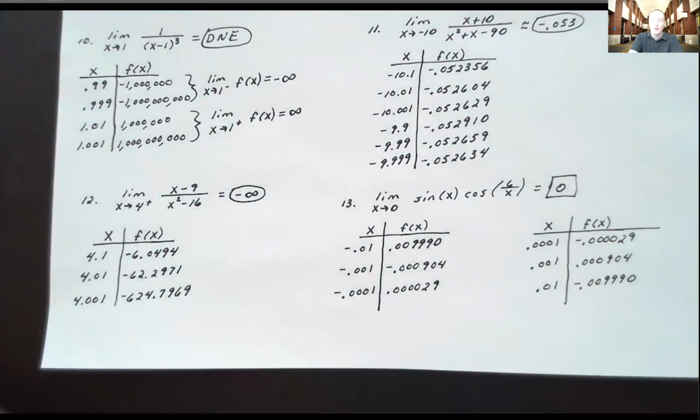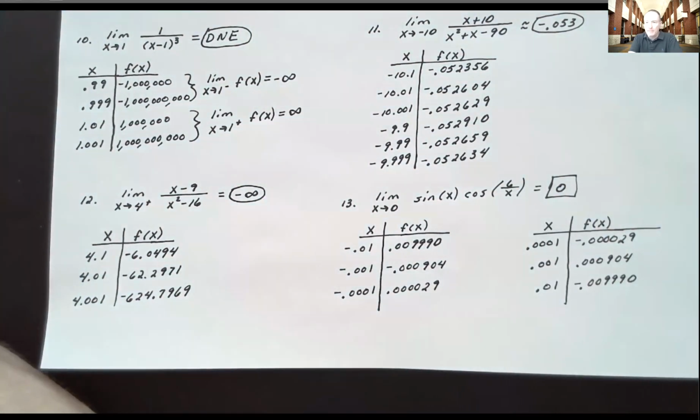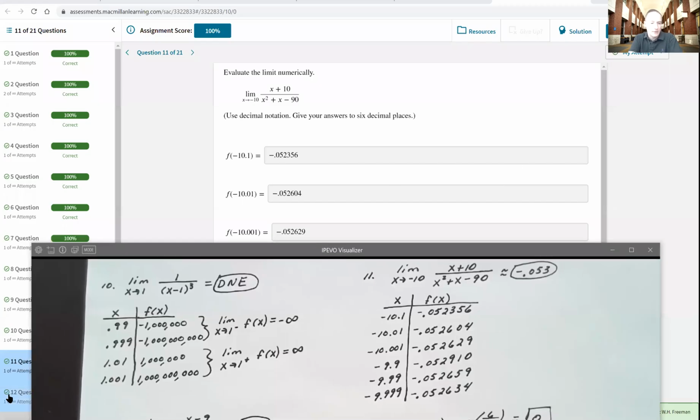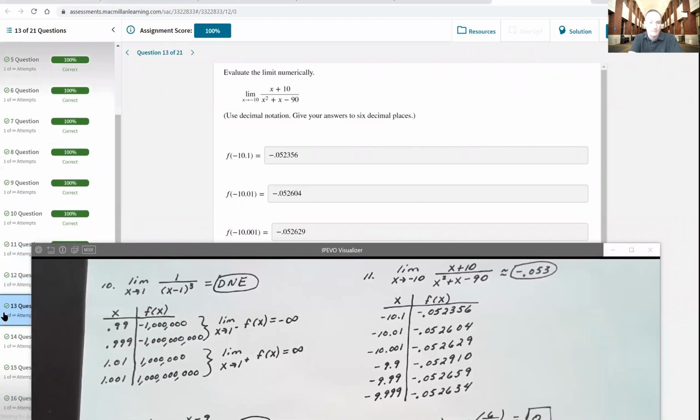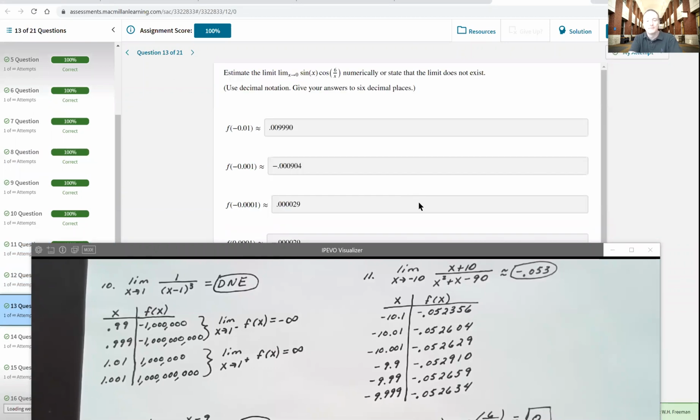No problem at all. Now, this one, it must have had a table of values, because otherwise I don't think I would have checked out so many. Let's see here, guys. For number 13, boom. Yeah, so the reason I listed so many was just because they asked for it.